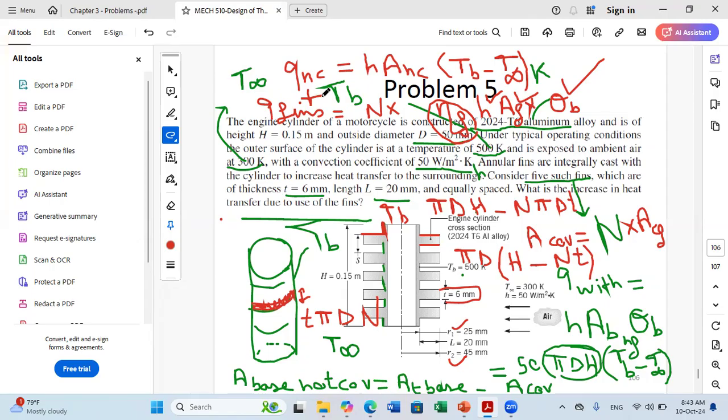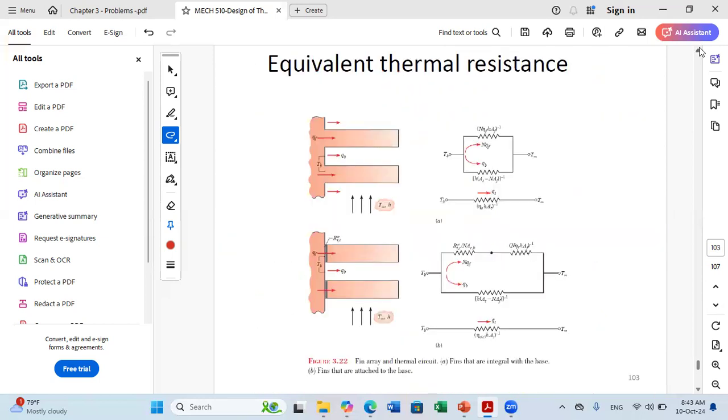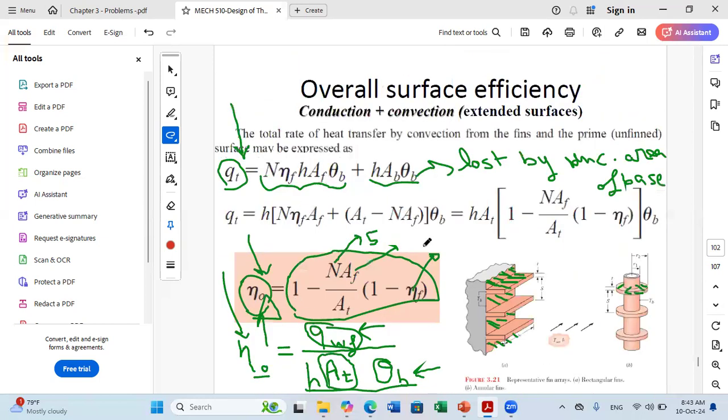Here in this problem, they didn't ask you to find the overall efficiency, so you can use another method. You can say that to find the Q total, I use this formula, okay? Q total is equal to the overall efficiency times H times total area of exchange times theta base, okay?